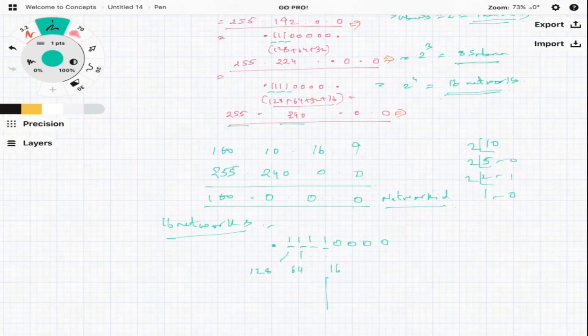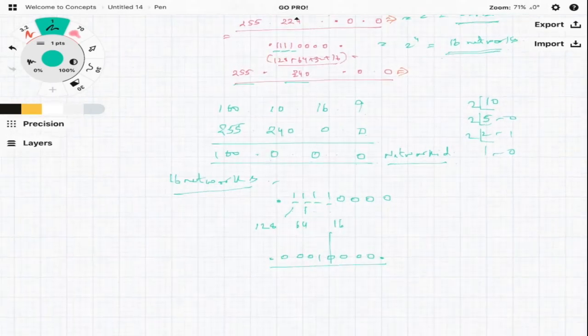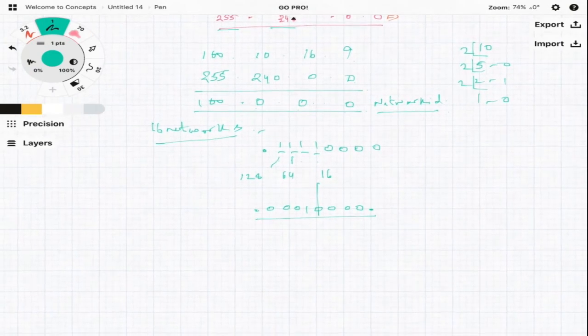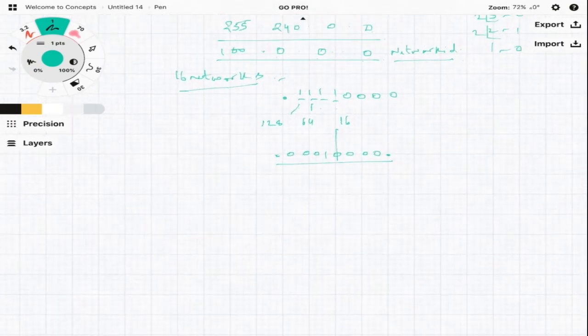So the starting network ID is 0000, and this is the network ID. If you convert the next one, it is nothing but 16.